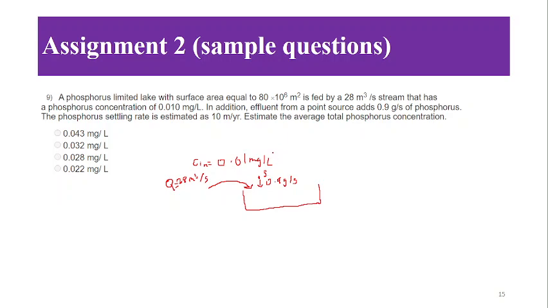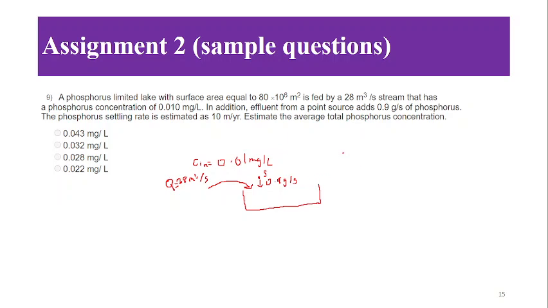This is the concentration of phosphorus in the stream, and this is the mass flow rate of phosphorus being introduced from the point source. And this is the lake which can accumulate the phosphorus in it, with the phosphorus settling rate of 10 meter per year. So estimate the average total phosphorus concentration.